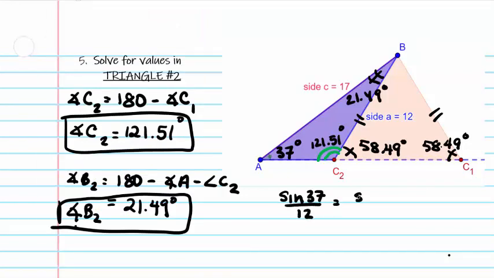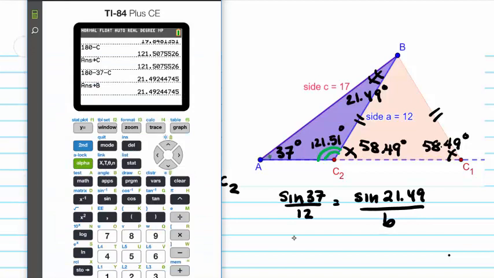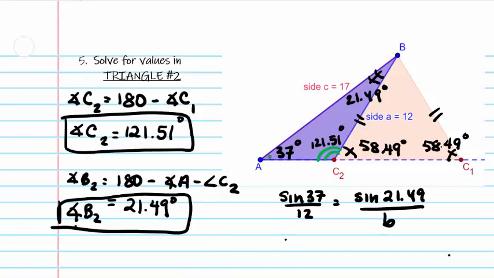Sine of 37 over 12 equals sine of 21.49, which was our angle B, over side little b. Let's go ahead and cross multiply. So b sine of 37 is equal to 12 sine of 21.49.